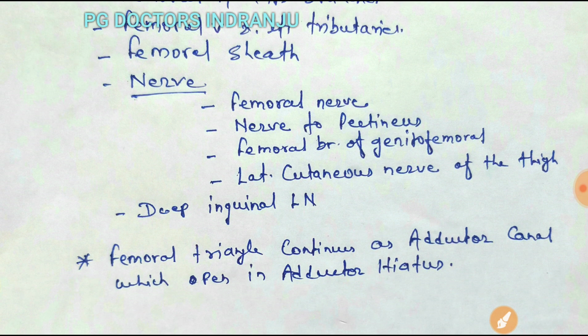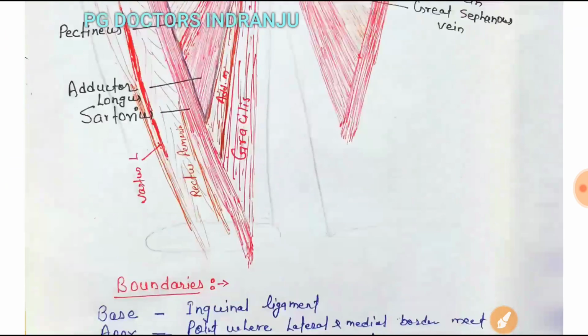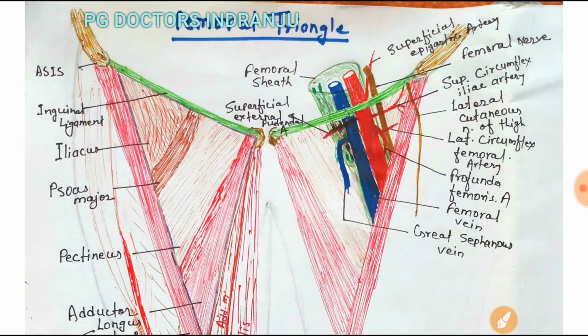These are the contents of the femoral triangle, and as I already told you, the femoral triangle continues as the adductor canal, which opens at the adductor hiatus. So thanks for watching my video. Have a nice day.